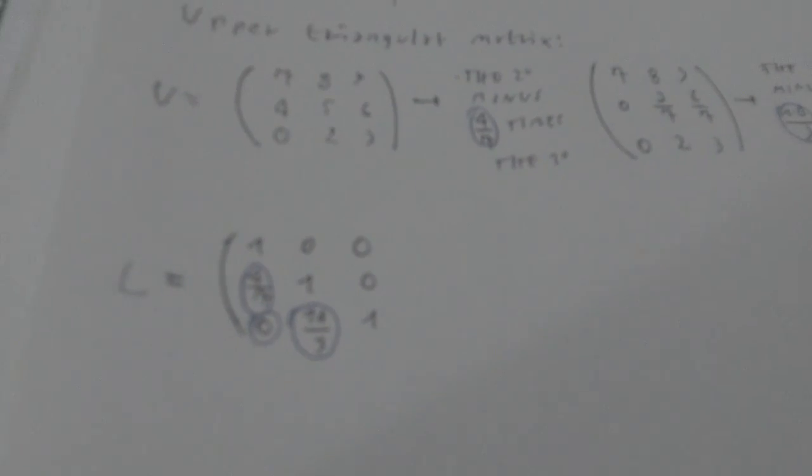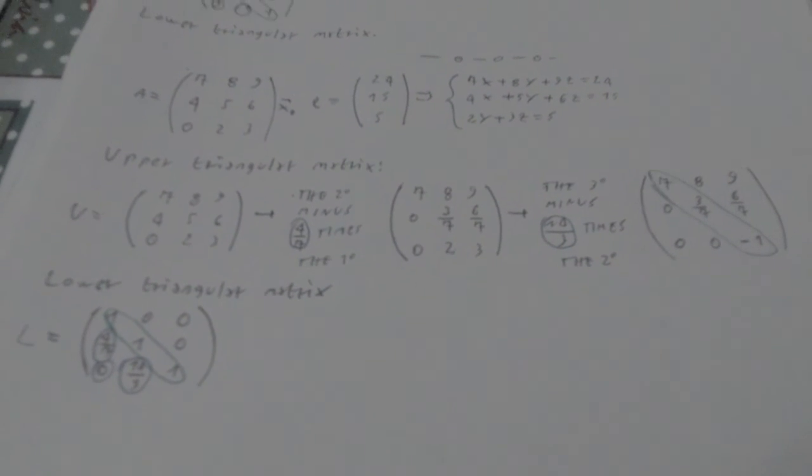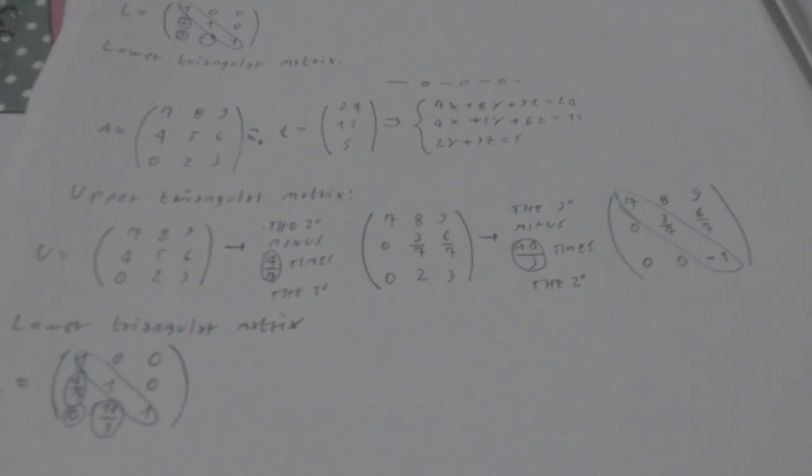I'm going to circle this one as well, because technically it's a 0 multiplicator. And this main diagonal is given by the identity matrix. And there we go, this is our lower triangular matrix. So this is how you do the LU.